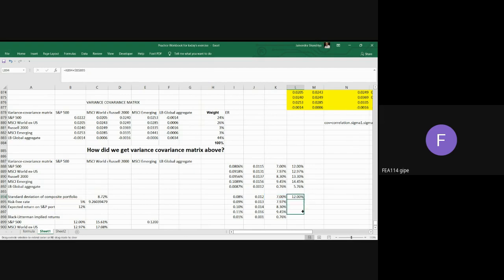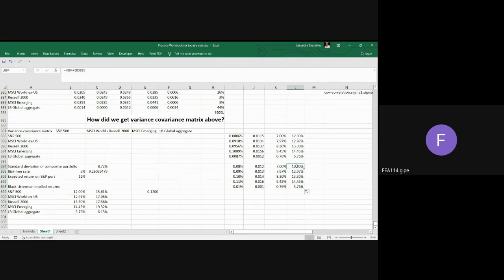So this is the implied portfolio return of the international benchmark. So this is your final answer.